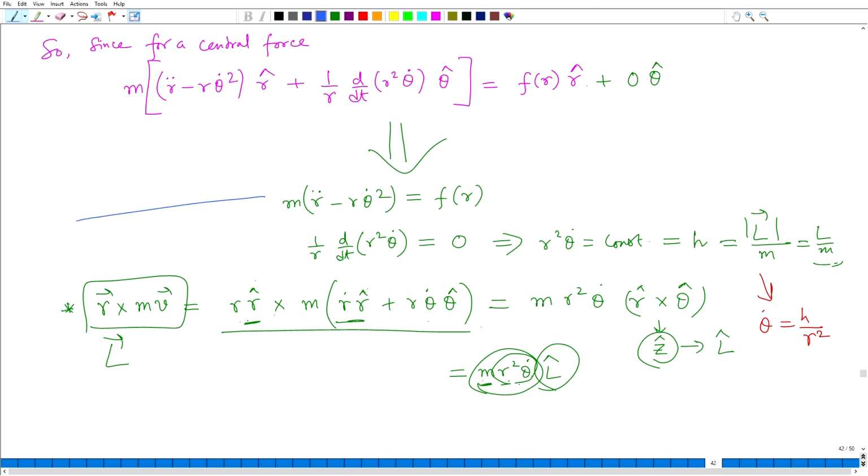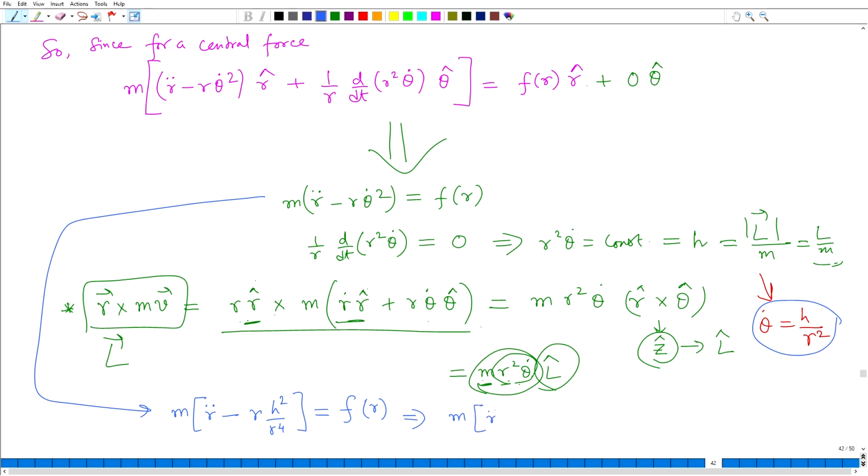Because the equations of dynamics can now be written as m (r double dot minus r theta dot square), where you can simply write theta dot square r as h square by r to the power 4 times r, so h square by r cube, is equal to f of r. So, you see that it will finally become m (r double dot minus h square by r cube) is equal to f of r.